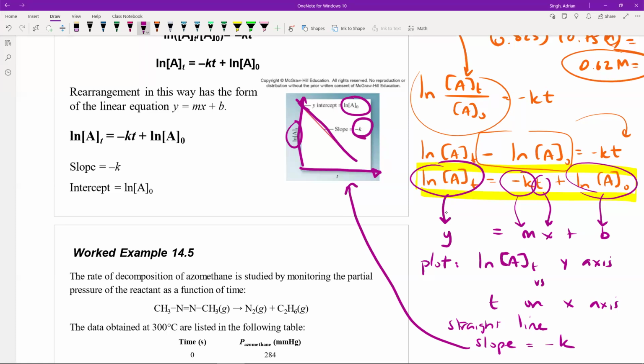And that's important because if we have a set of data, with time and the concentration of A at those various times, we can plot that data. And if we plot the natural log of A versus time and it gives us a straight line, that tells us that it's first order with respect to that particular reactant. So we can graphically determine the order of the reaction with respect to that reactant.